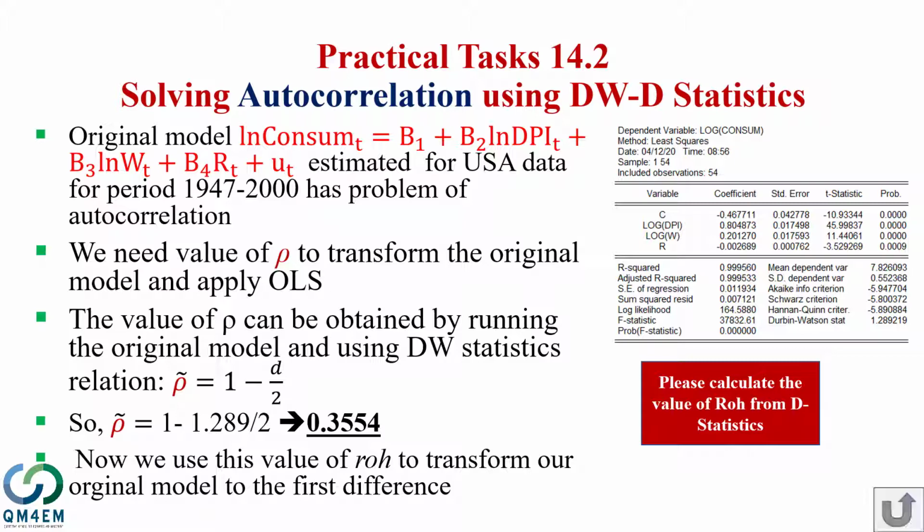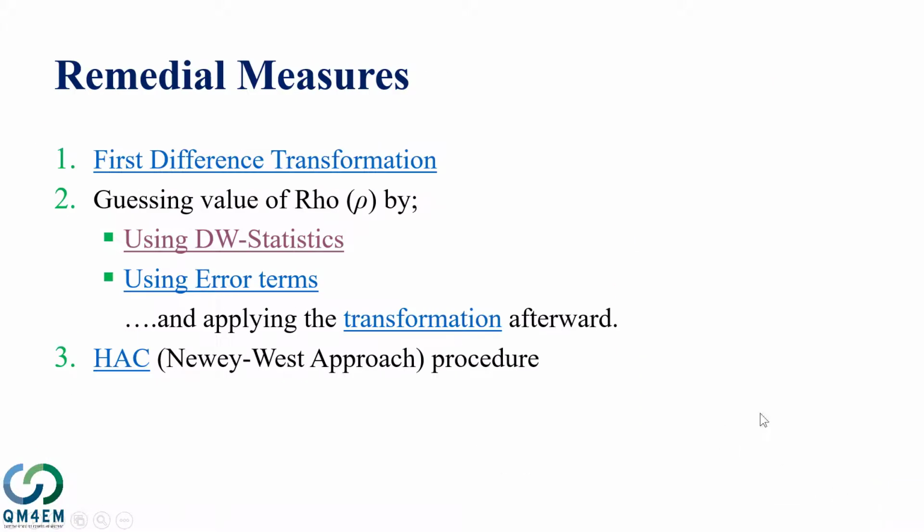How we do that, I will leave for a while. For the time being, what we have to take from this task is that rho can be obtained by using the Durbin-Watson d-statistic, and the value we got was 0.3554.